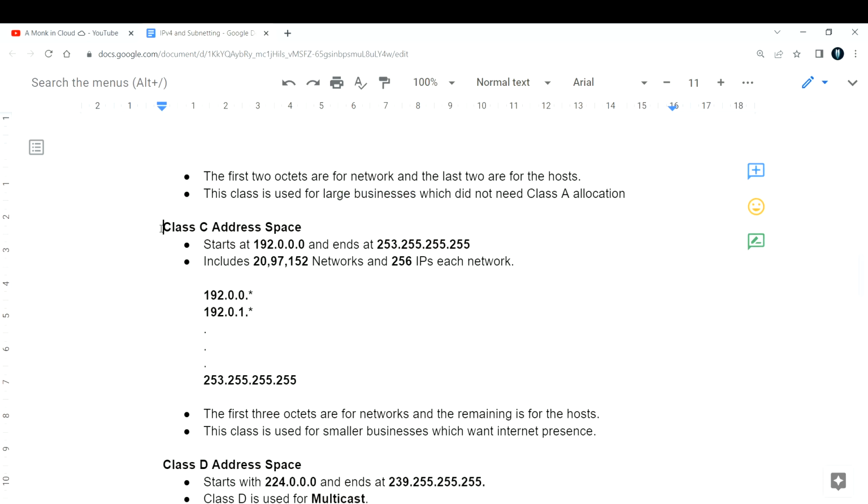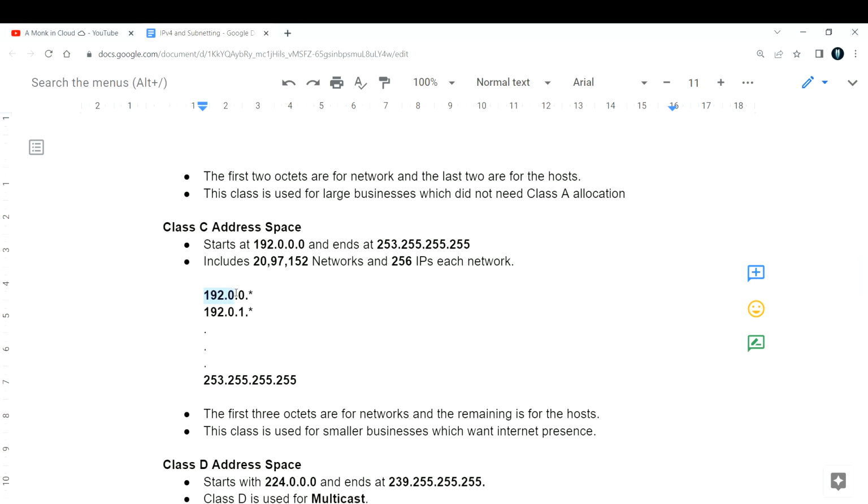Okay, next, going forward, we have class C. It starts from 192.0.0.0 and ends at 223.255.255.255. This includes 2,097,152 networks and 256 IP addresses in each network.